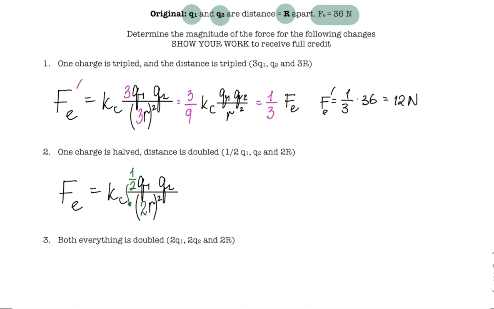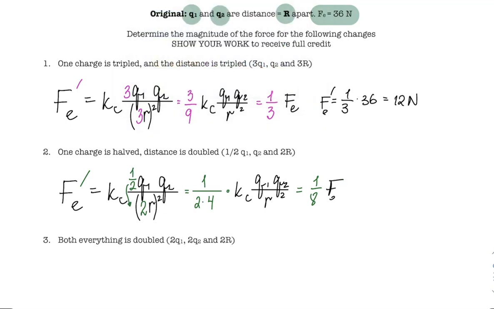Again, 2 will be squared, not just r, but 2 as well. So then I have 1 over 2 came downstairs, and 2 squared gave me a 4. Everything else is the original force, Kc Q1 Q2 over r squared. That tells me that my new force is going to be 1/8 of the original. Oops, I forgot the apostrophe right here.